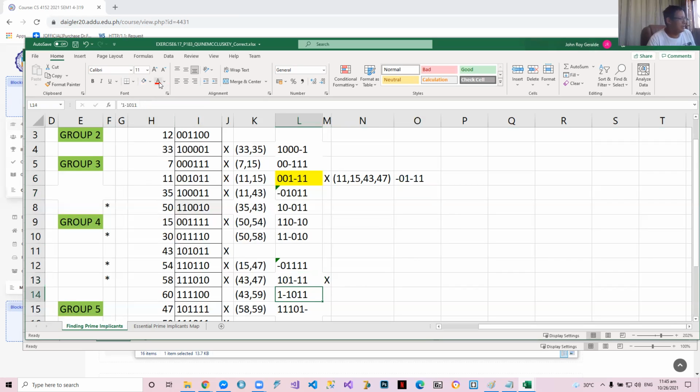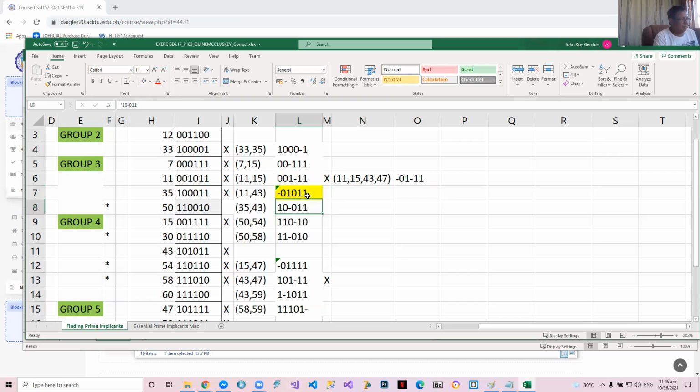Then we yellow this out. How about this? Let's yellow this to be sure. They differ in the first, they differ in the second, so it cannot be. They already differ in the first: this is 0, this is dash. This cannot be either. Okay, so we're now here. So we'll yellow this, and then we will whiten this.